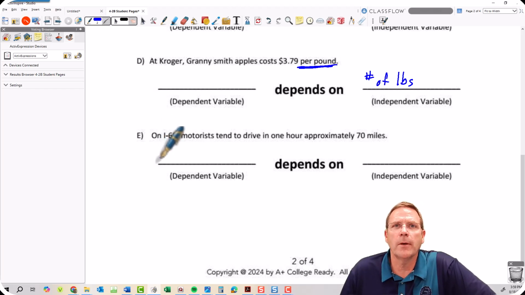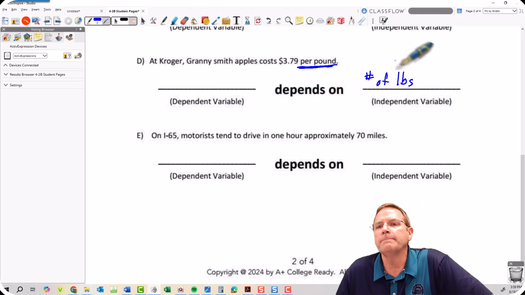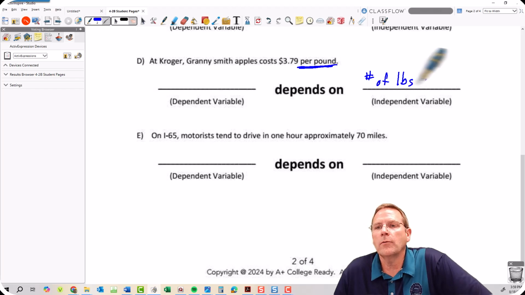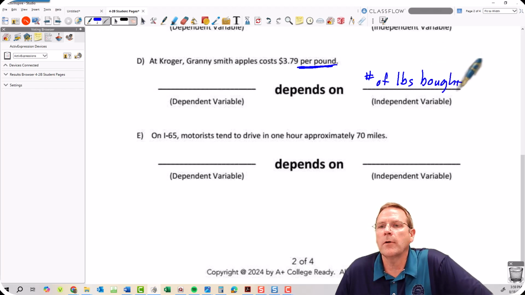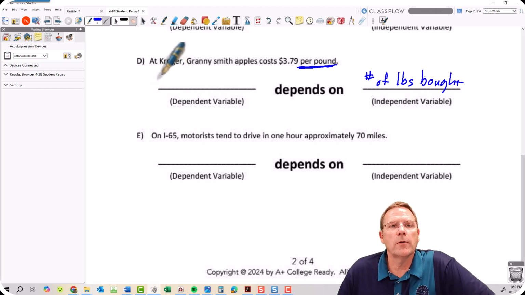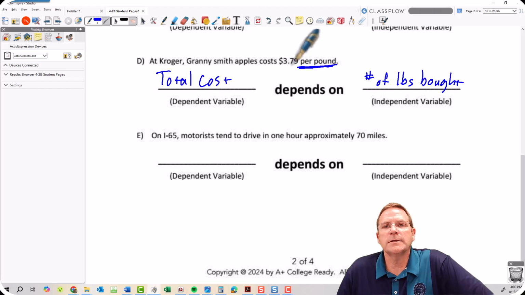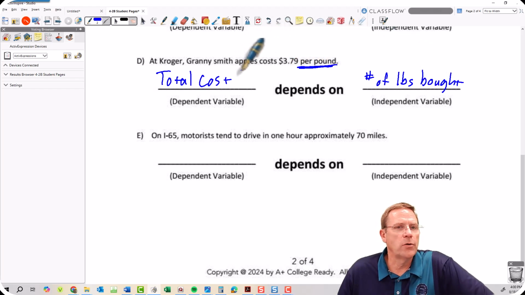We can blame the British for that. So the number of pounds bought is going to be our independent variable, and our dependent variable is going to be the total cost. Because we know that it's $3.79 times some number of pounds, and that's going to give us the total cost of those apples.